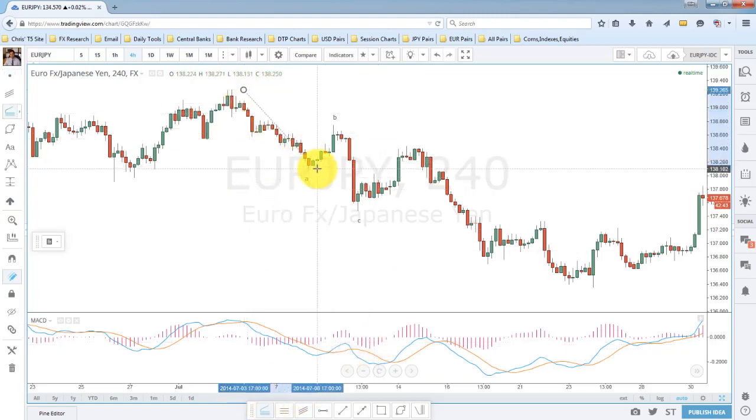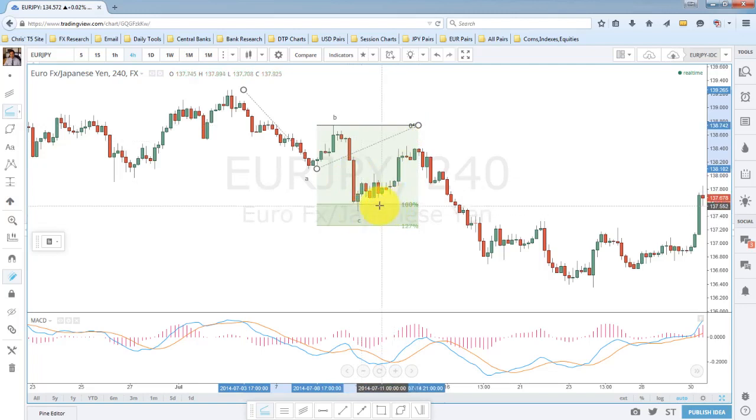A, pull it back to B, and use our C wave target. It came just through equal legs, just through 100%, and I'll call that equal legs most of the time, and found support. So A, B, C, C moved to the 100 to the 127% zone, and that's where we found some support.